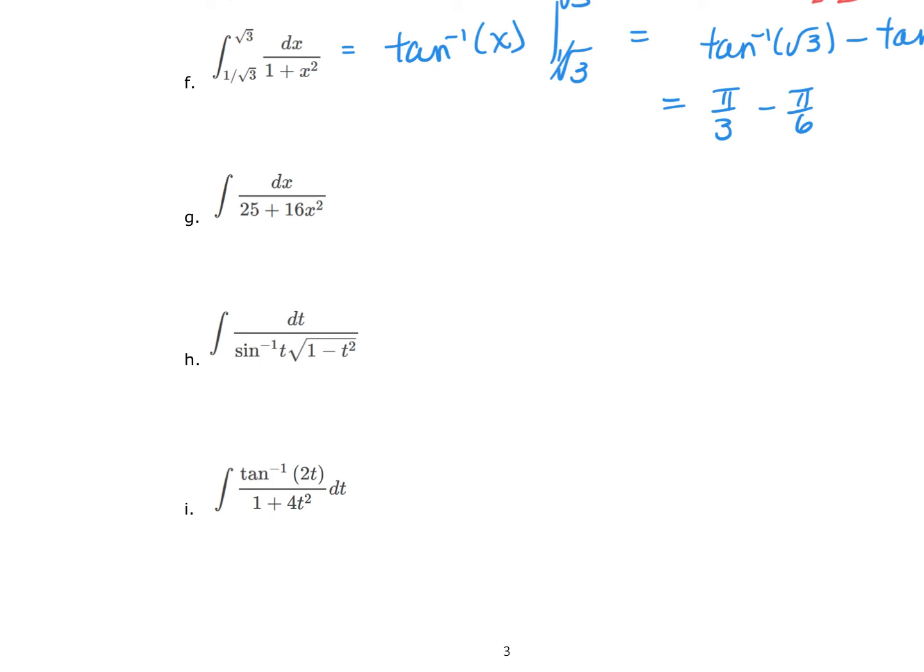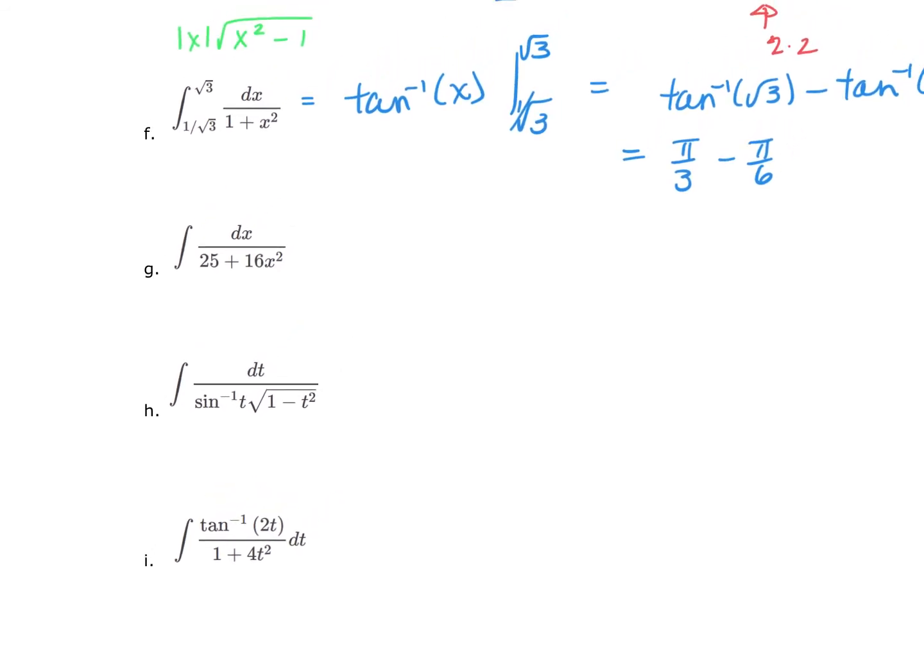So with G, what I'm going to do is divide everything by 25. And so I'm going to rewrite this as 1 over 25, the integration of dx over 1 plus 16 over 25 x squared.